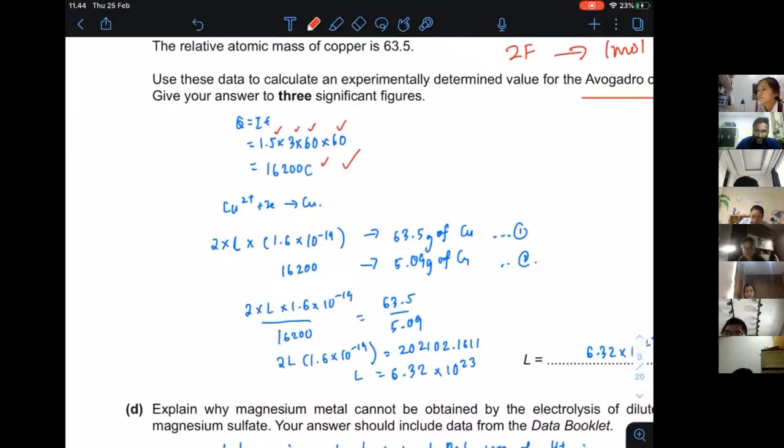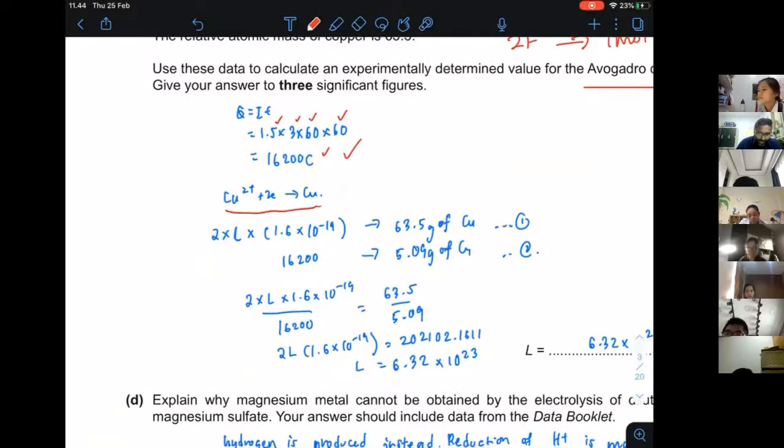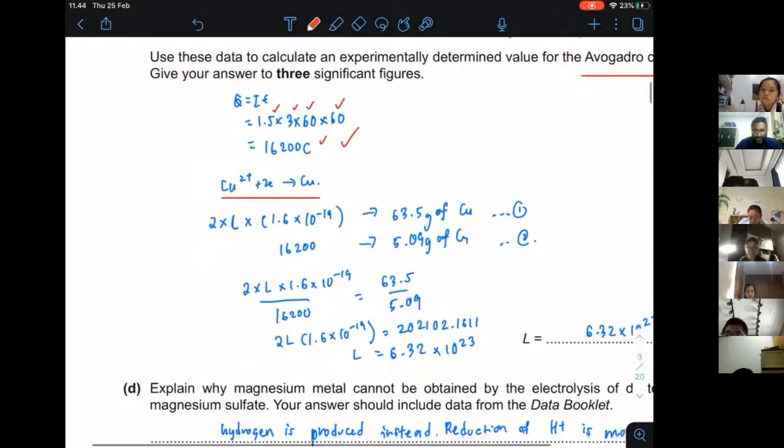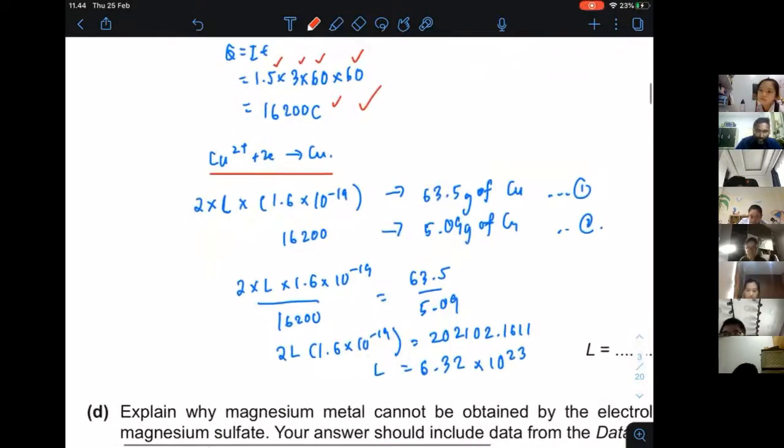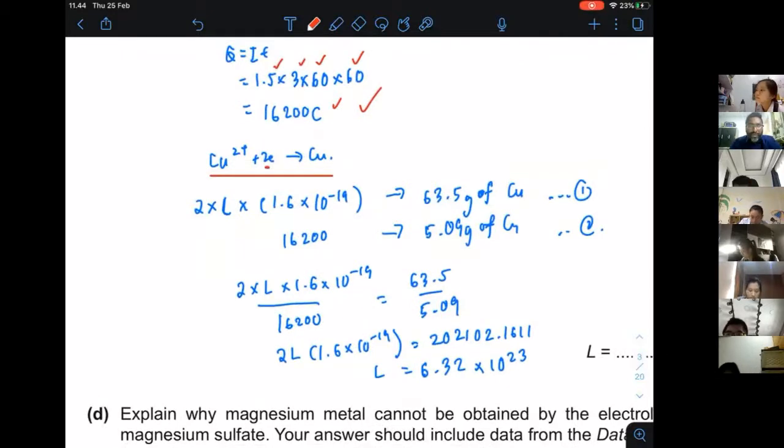When you have in this equation 2 moles of electrons, it depends on the Avogadro constant, because we know every one Avogadro constant represents 1 mole. So I'm just going to use L as my Avogadro constant.